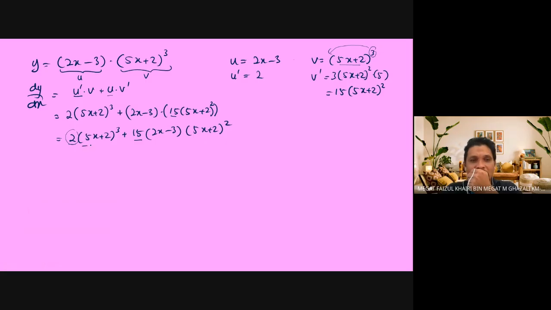But we have 5x plus 2 in both terms, one with the power of 3 and one with the power of 2.